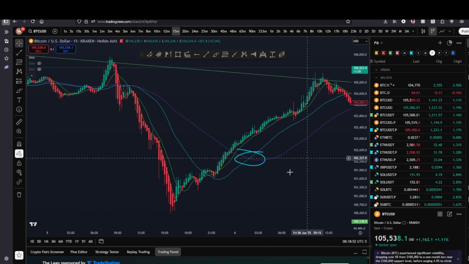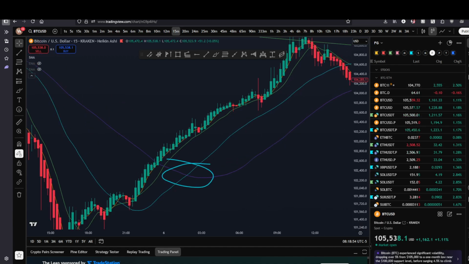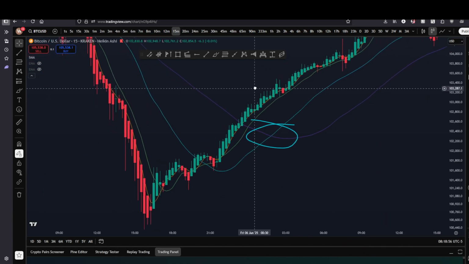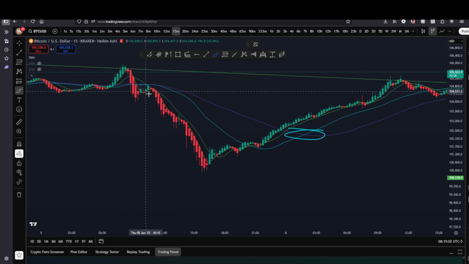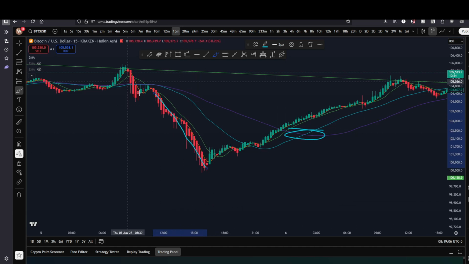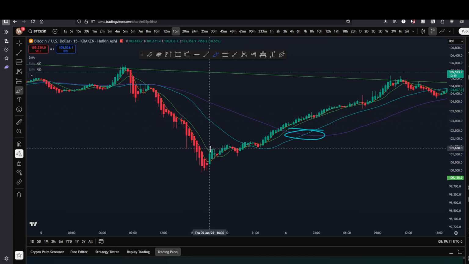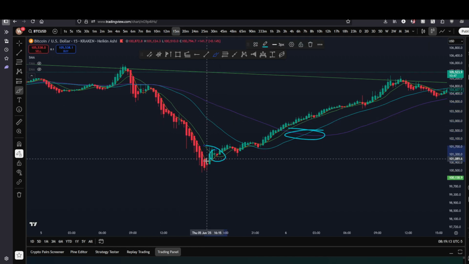But even if we look a little bit closer, now you guys are smart. I don't need to go through this a million times, nor will I. Look, we're dumping this entire dump, right? We're not buying this. You're crazy. They don't cross. Why the hell would you buy this? But they cross here, right?